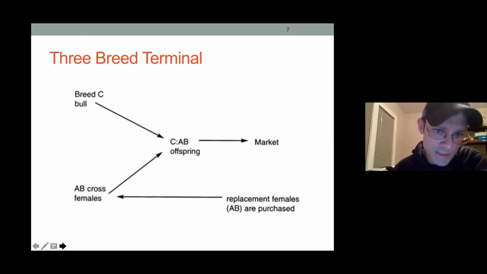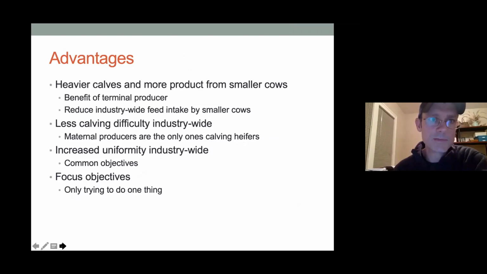So that system then helps really break some of the antagonisms that might exist. The benefits of such a system are heavier calves and more product from smaller cows, because you can either produce or source females that are bred to be smaller at maturity and use a terminal bull. And that could actually reduce the total feed intake requirements of the cow herd, because they should be smaller.